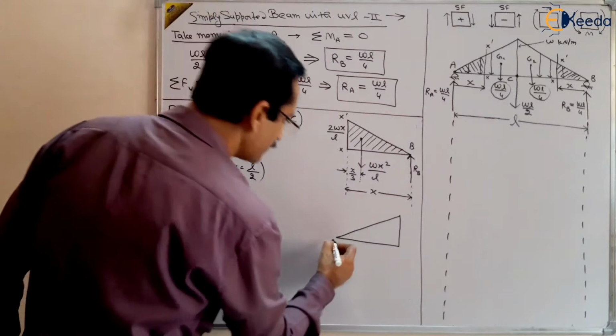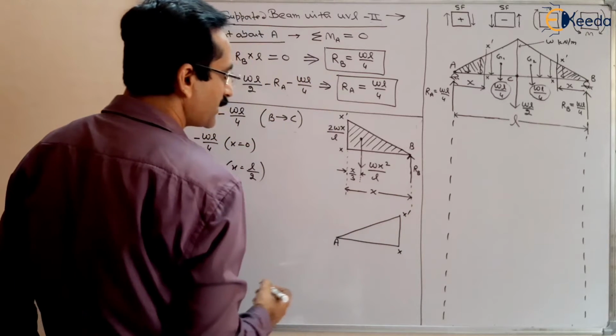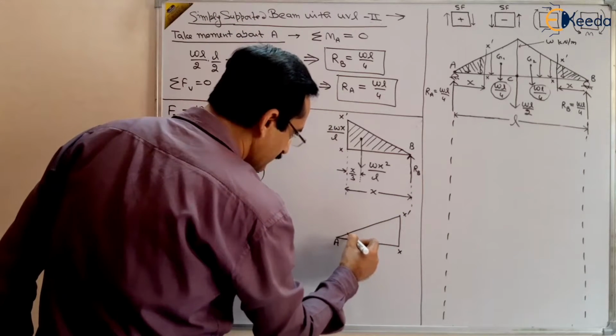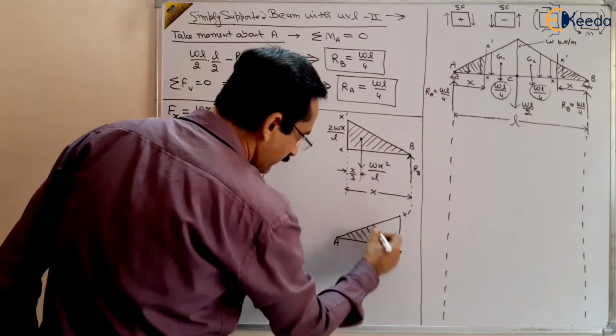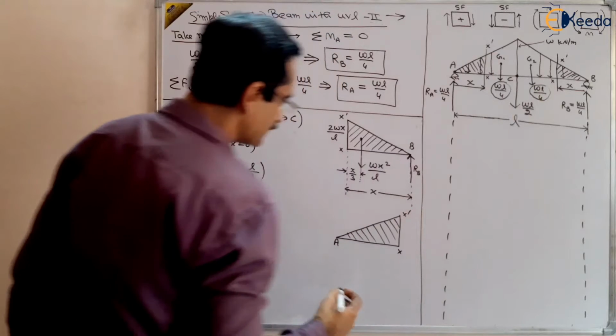This is point A. This is x dash, and this is the triangle we are talking about, between the part AC.